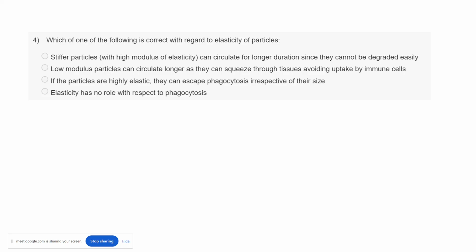Ma'am, 2 low modulus particles can circulate longer. Okay. Anyone else?